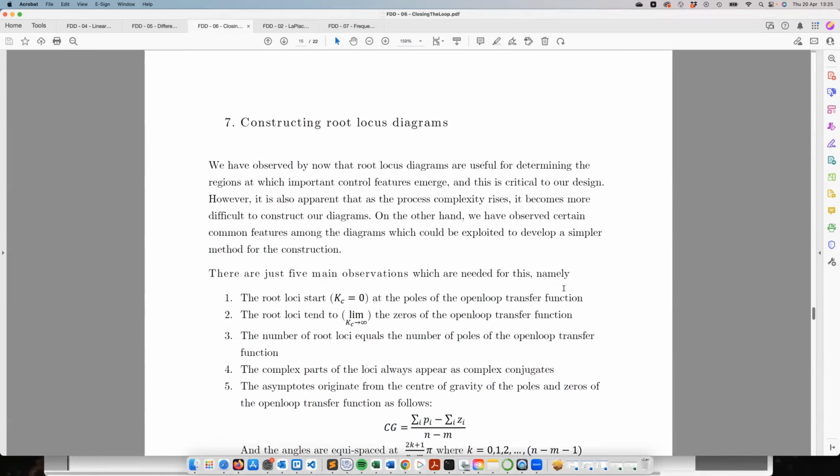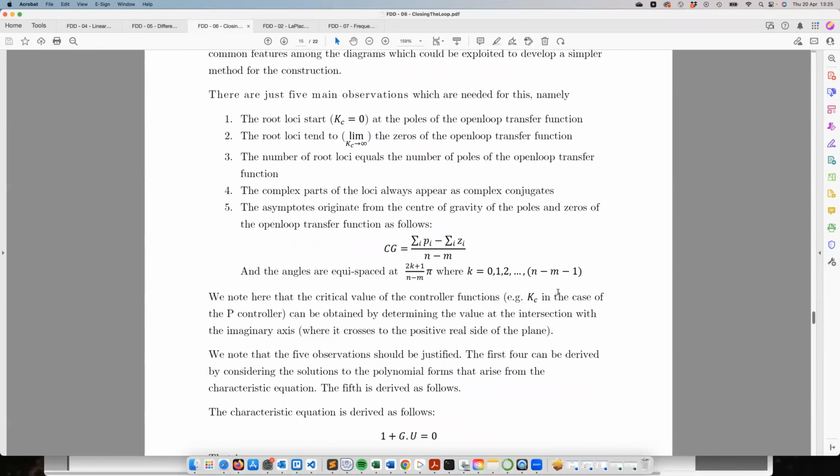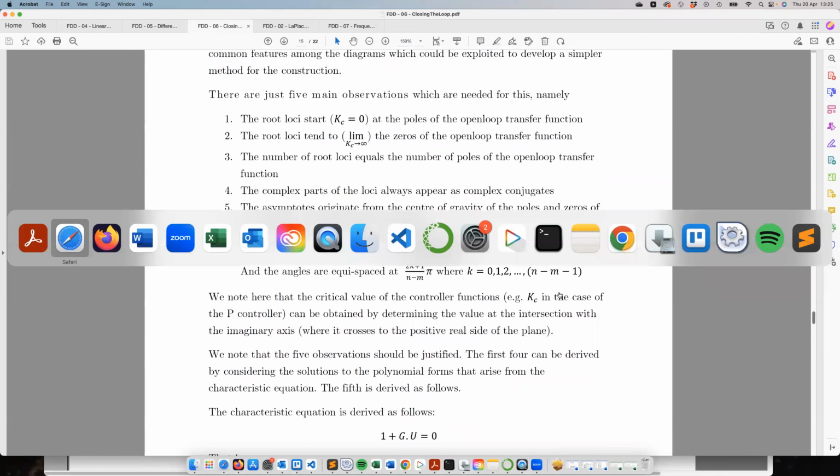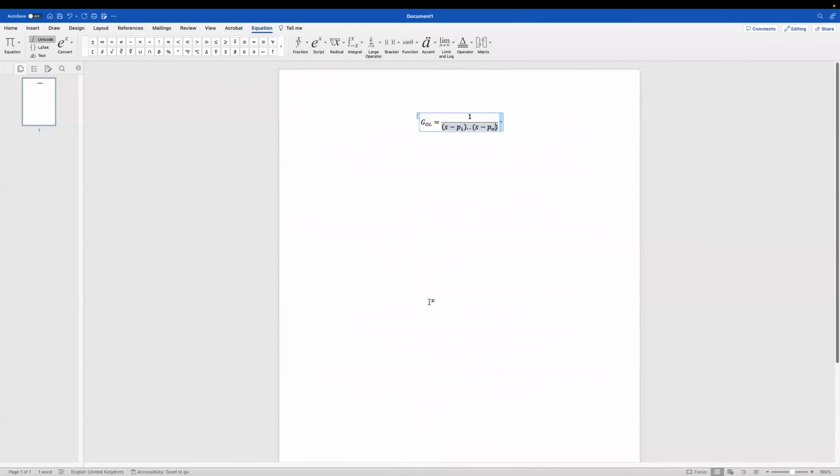So the next thing we want to do is, we can say now that, yes, we can find the roots of our equation. So we have some open loop equation, and it may have zeros as well.